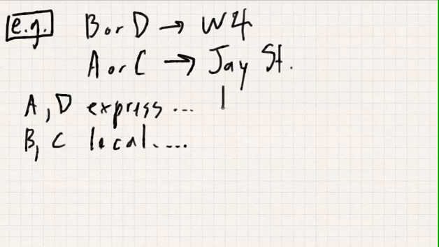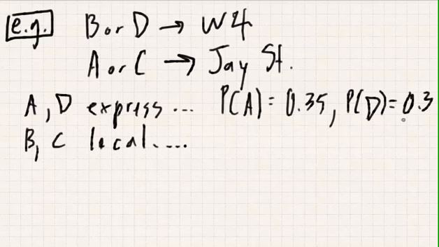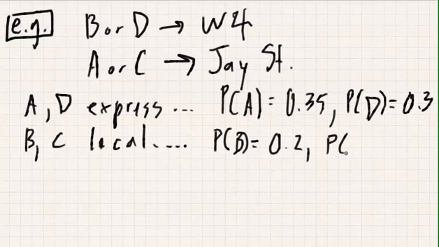The probability that I get on the A used to be like 35%, and the probability that I got on the D was about 30%. The A came 35% of the time, the D came about 30% of the time. Now, if I got on the local tracks, the B came first about 20% of the time, and the C came first about 15% of the time. So this is which train I'm taking.